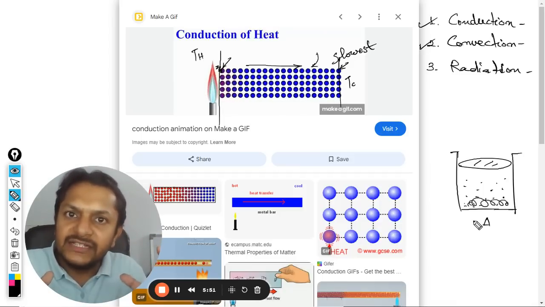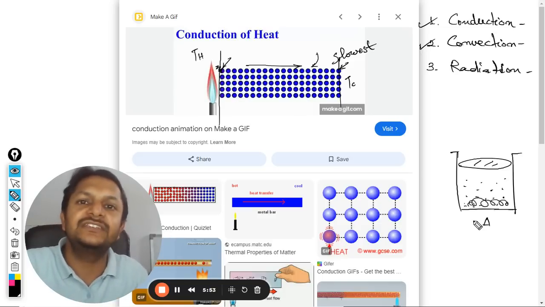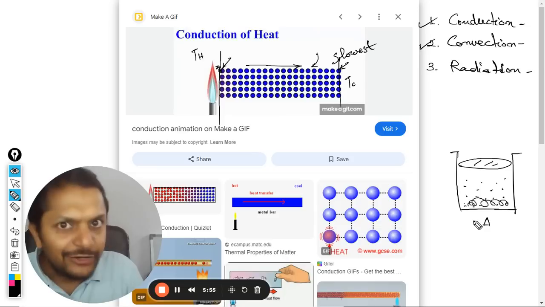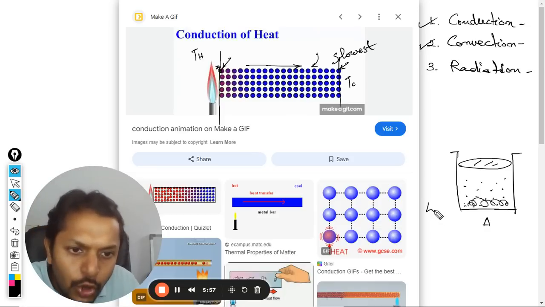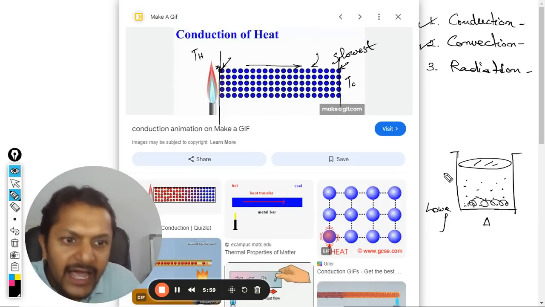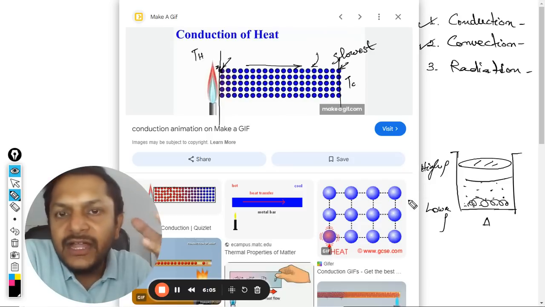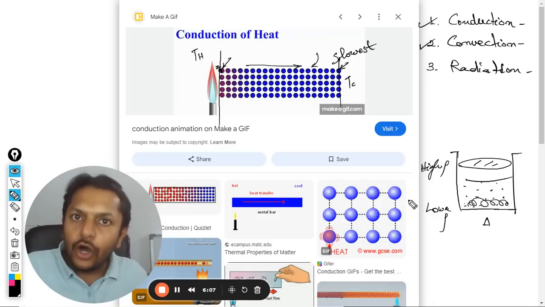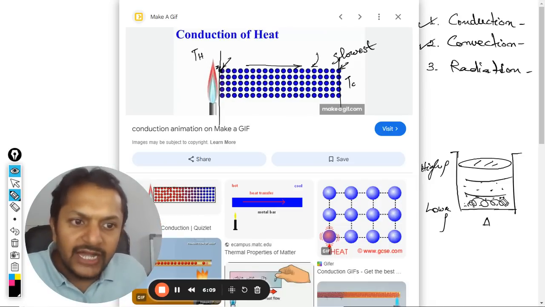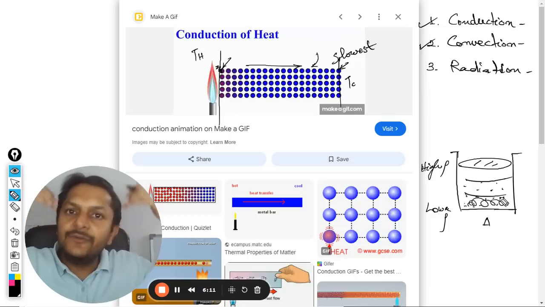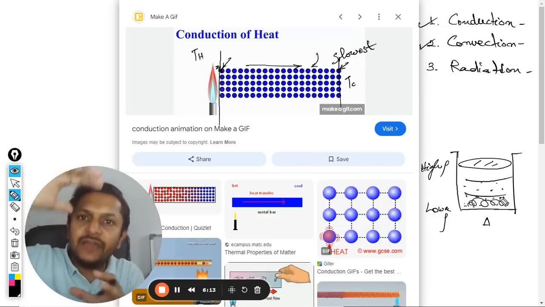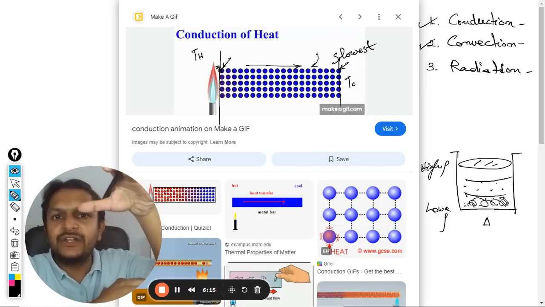As the temperature rises, the density of these molecules reduces, so they become lower in density. The upper liquid here is higher in density, and because of that, it is heavier. The hot liquid down here becomes lighter, the liquid above is heavier, so definitely they are going to swap their positions.